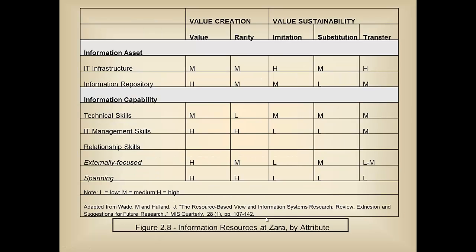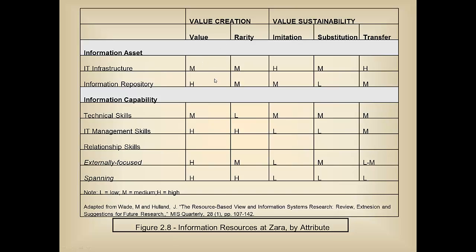So then we have a sort of heat map looking at information resources at Xeras, and I think this is pretty interesting. We're looking at how value is created. So looking at value, rarity, and then looking at the sustainability of value, so how easily imitated or substitutable or transferable.